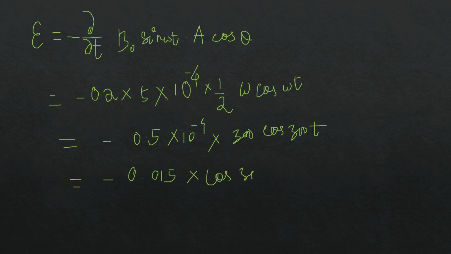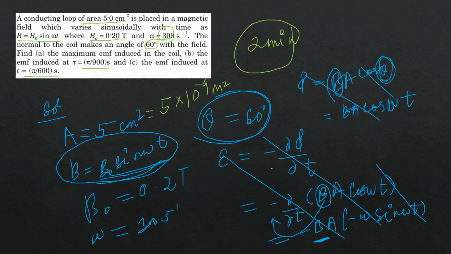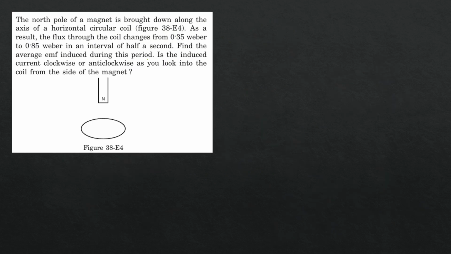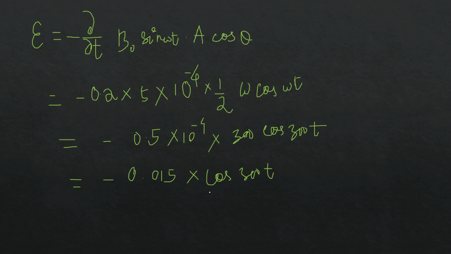Cos 300t. So now the question is, how will you proceed here? See, we are asked the maximum EMF induced in the coil. When is it maximum? If, for example, there is a function x is equal to x naught cos omega t, or x naught cos theta, when is x maximum?